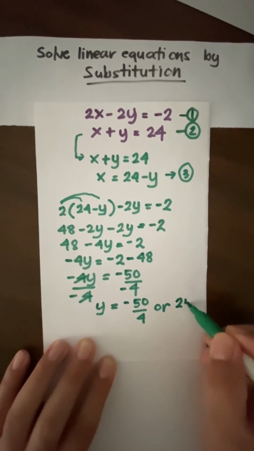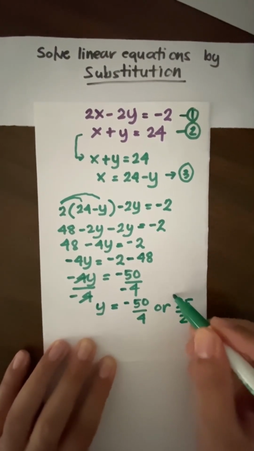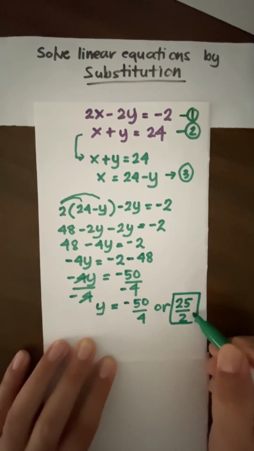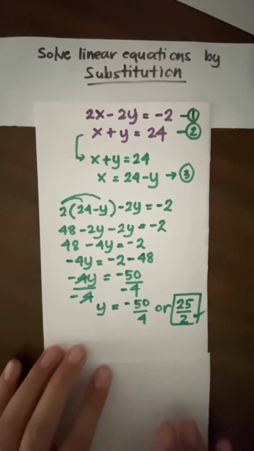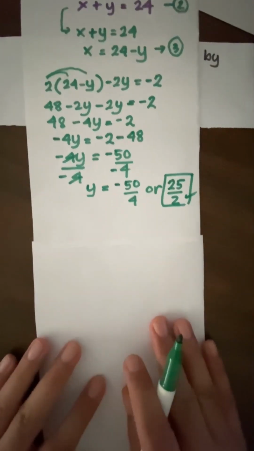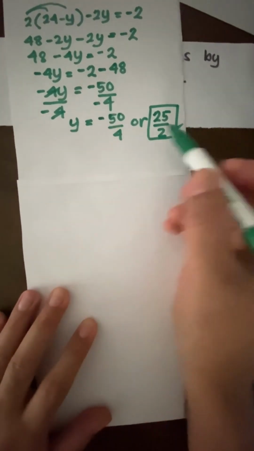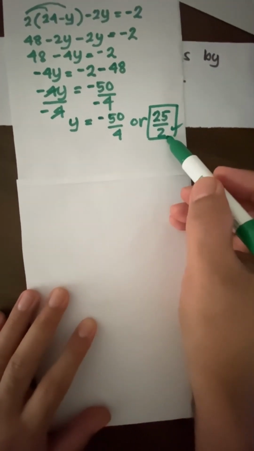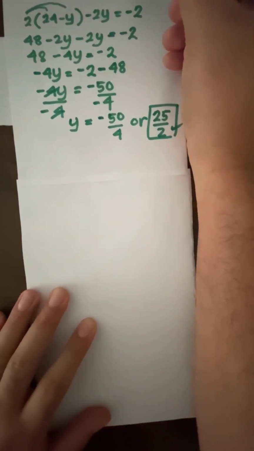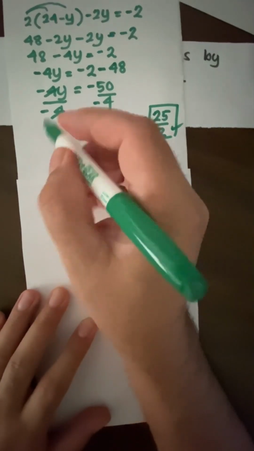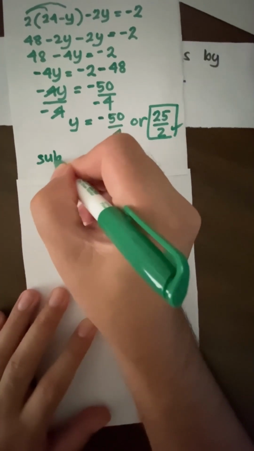y is equal to 50 over 4, or we can reduce it to 25 over 2. We have already solved y. We now compute the value of x. To do that, we will substitute the value of y equal to 25 over 2 to equation number 3. The purpose of this substitution is to solve the variable x.